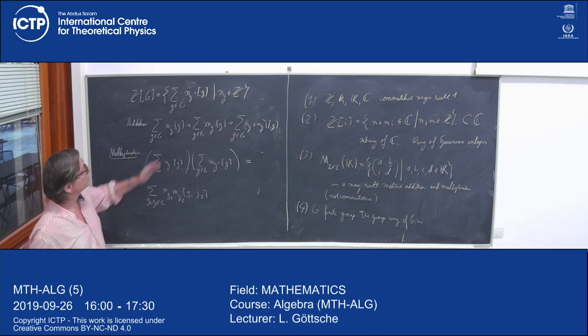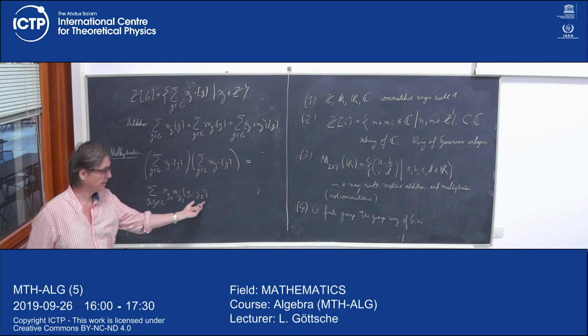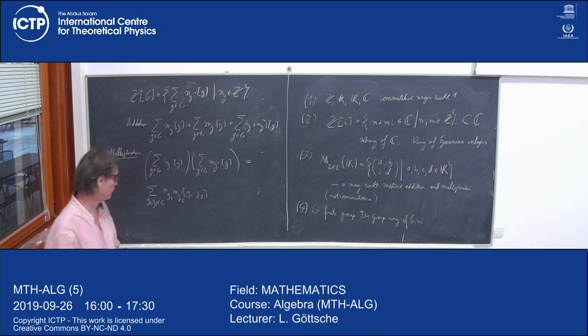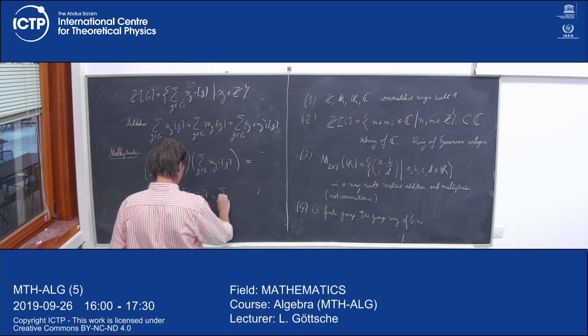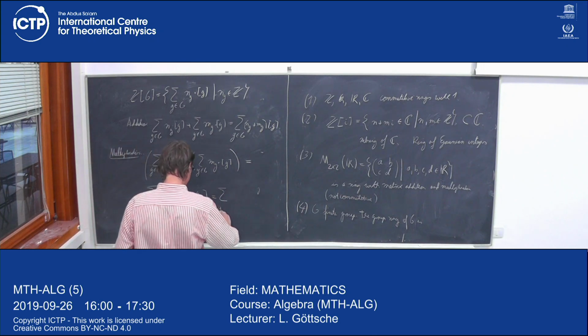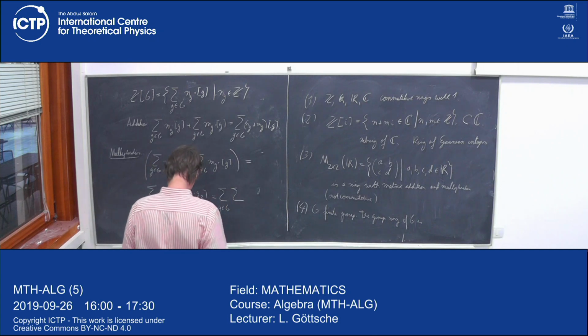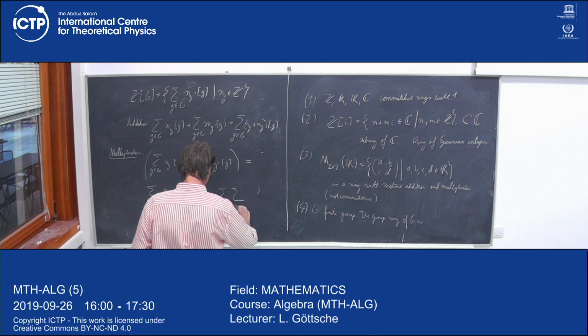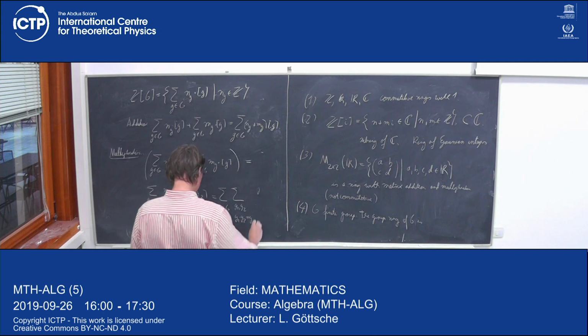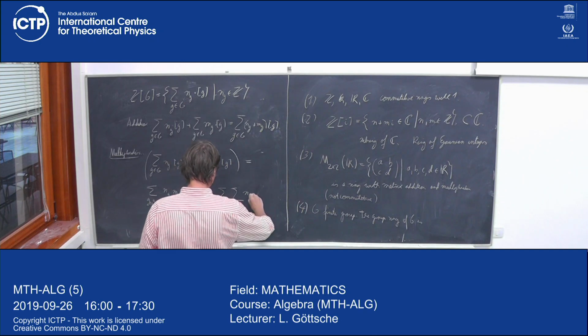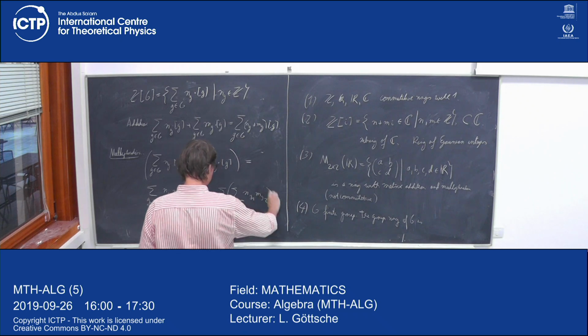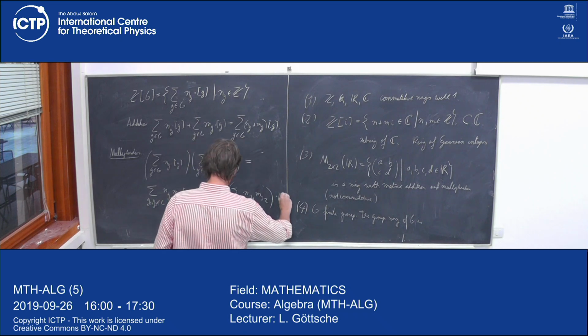But I'm supposed to write it in this form, so I have to collect terms. This is the sum over all g in G of the sum over all pairs g1, g2 such that g1 times g2 is equal to g, of n_g1 times m_g2. So this is the coefficient times g.